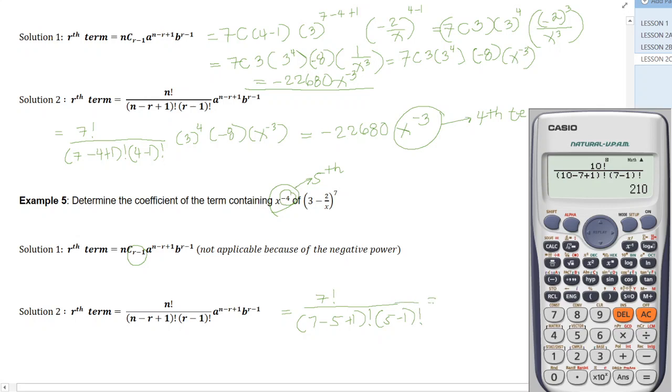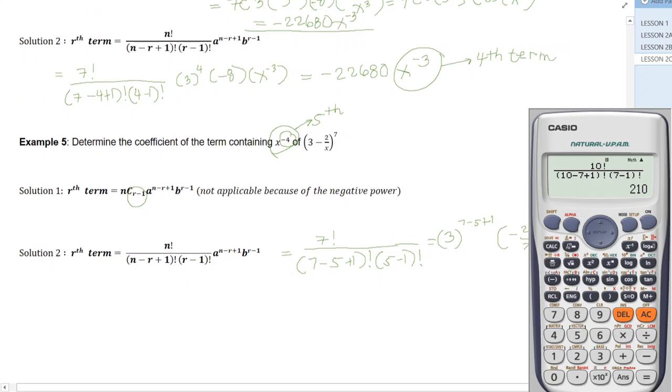So that is equal to a. Your a there is, of course, your 3, and then that is raised to n, which is 7 minus 5 plus 1. And your b there is, of course, negative 2 over x, raised to r minus 1, which is 4 already.